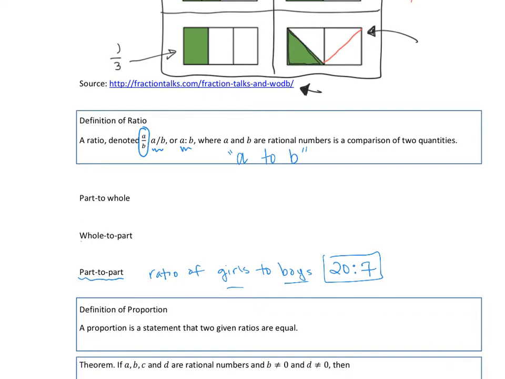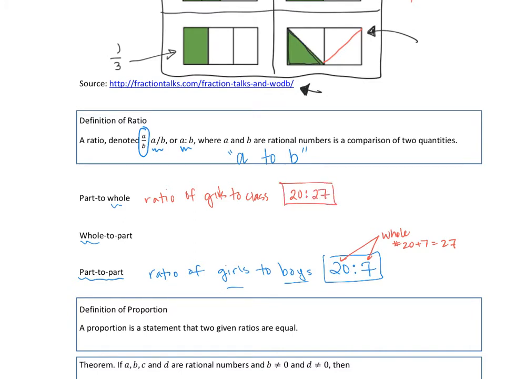Now the ones that I skipped were whole to part. Instead of just the part to part, we can look at the whole. If there are just 20 girls and 7 boys in our class, then our whole number would be 20 plus 7, so we have 27 students in our class. If I wanted to talk about the ratio of girls to the class, then the number of girls, we said, was 20, to the whole class, which would now be 27.